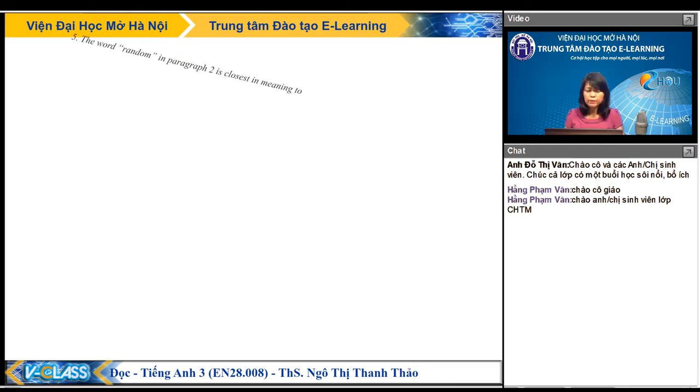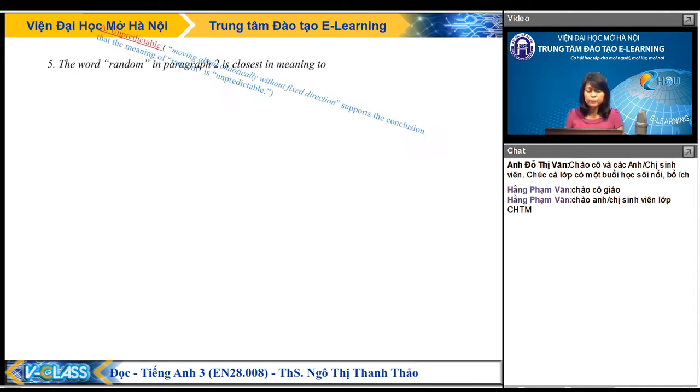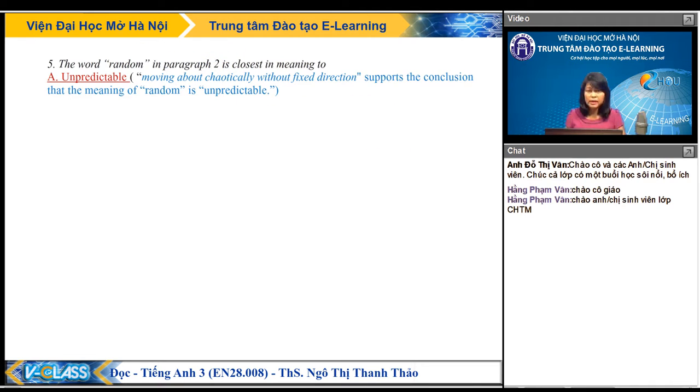Question number 5. What about the meaning of the word random in paragraph 2? The word random in this one means unpredictable. So why is unpredictable closest in meaning to the word random?